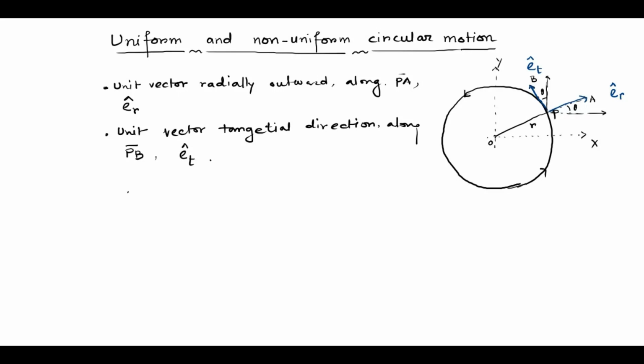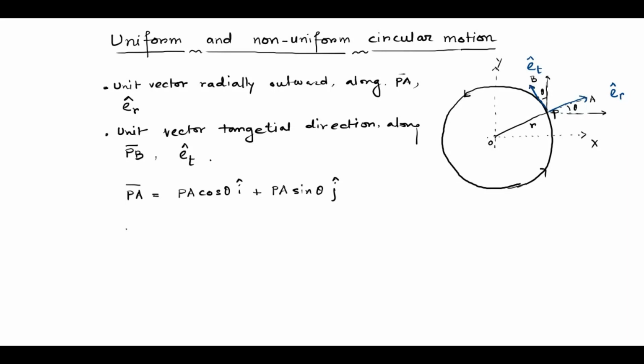So PA vector has two components: PA cos theta along the x-axis, so it is i hat, plus PA sin theta along the y-axis, so it is j hat.